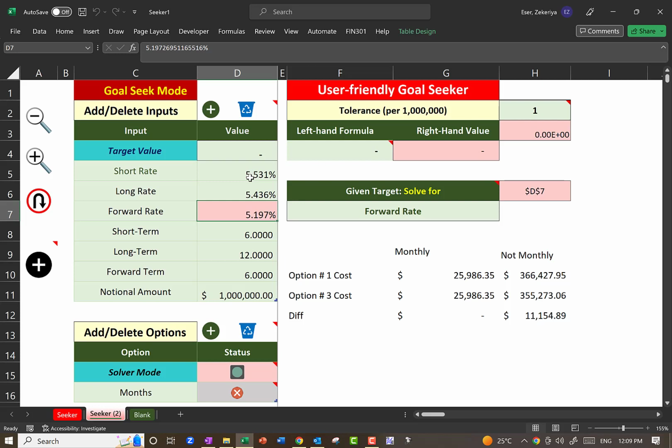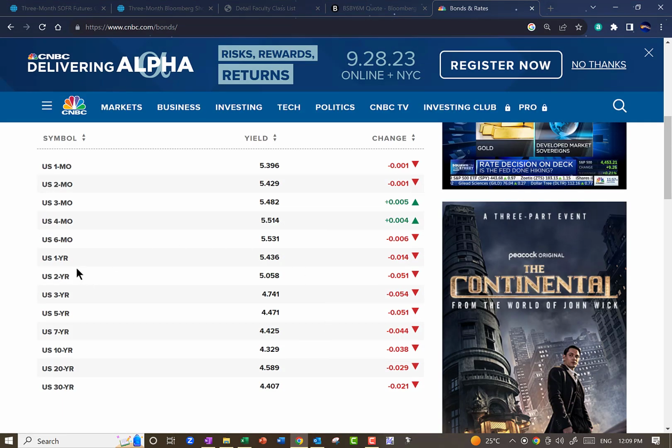Remember, red light is setup mode. I'm gonna do 5-year short term, 10-year long term. Actually, let me make this a formula. And let me make that into red so that we won't touch it.